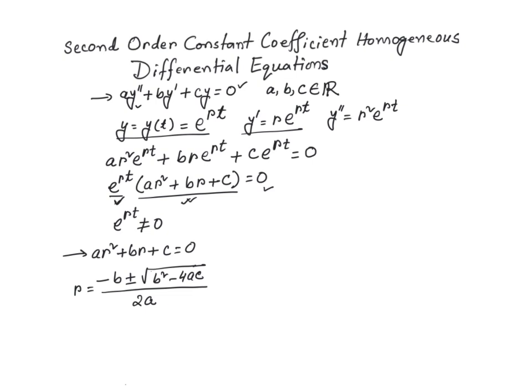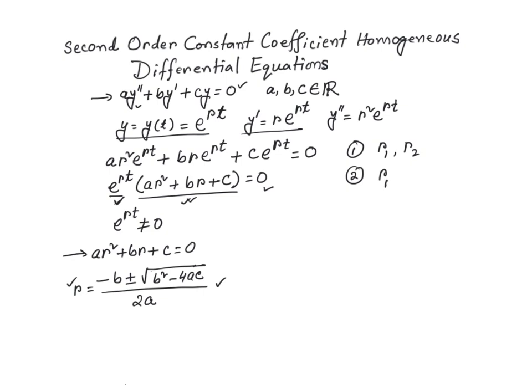In this scenario, we have three possibilities for r. One possibility is that the solutions are distinct, so you will have r1 and r2, two distinct real numbers. The second possibility is that the solution repeats.